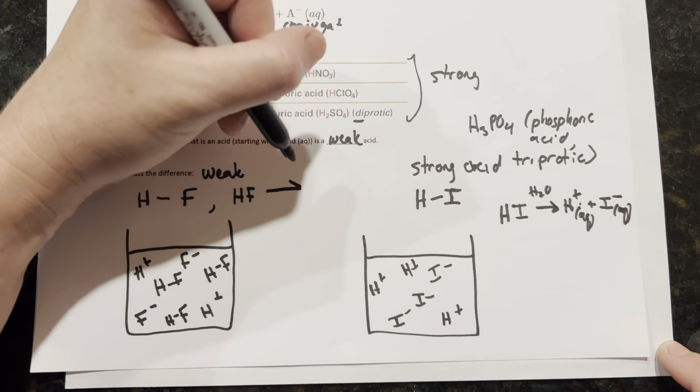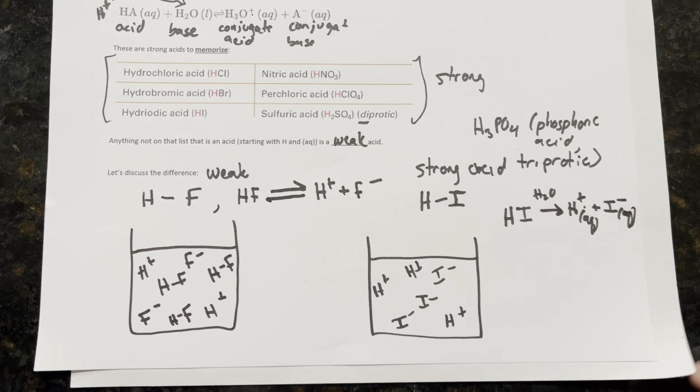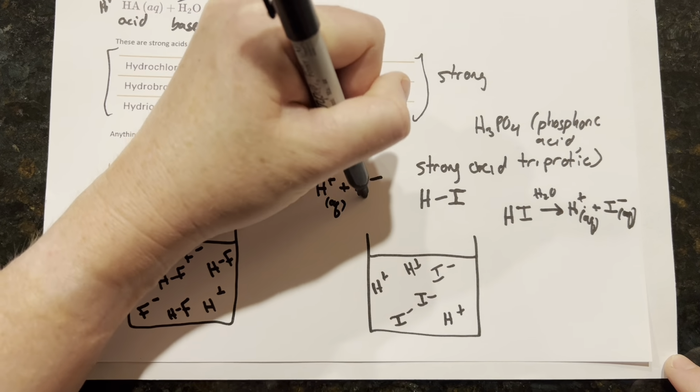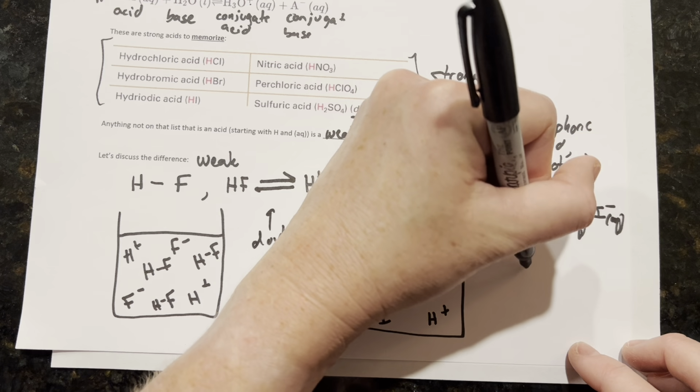We draw one arrow showing that, hey, it breaks apart, but the other arrow going back the other way saying, but not always. So we'll have some HF that are fully ionized, and we'll have some HF that are not. And that's the difference between a strong and a weak. Notice this weak has a double arrow, and the strong has a single arrow.